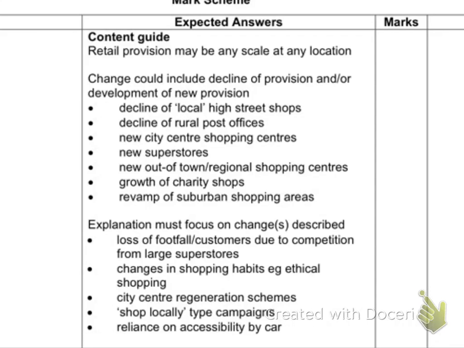You must have your 3 developed points. We looked at Cribbs Causeway as a specific case study and its effects on the high street. We looked at accessibility and people having cars and so on. So see if you can locate your notes on this and start having a read through.